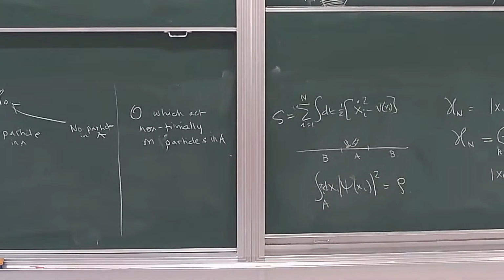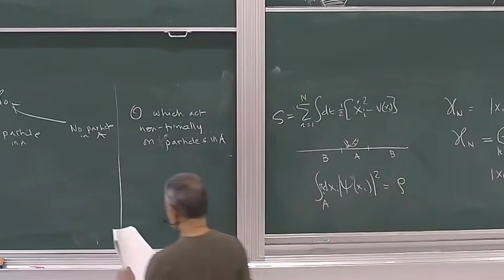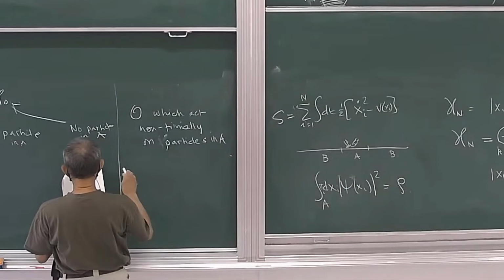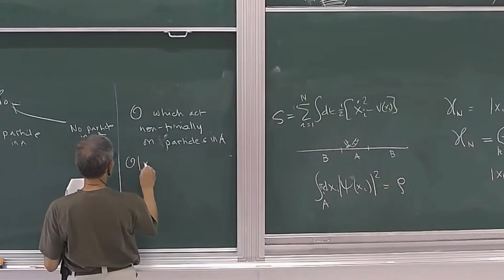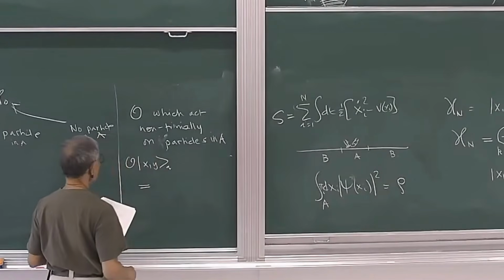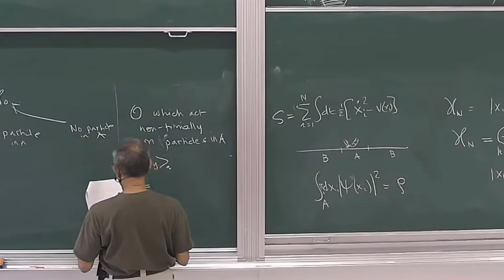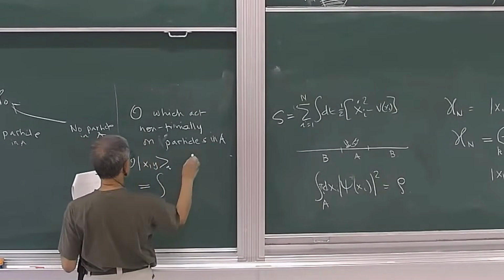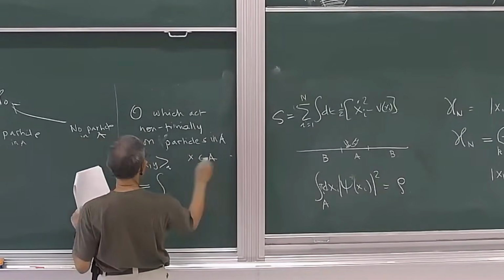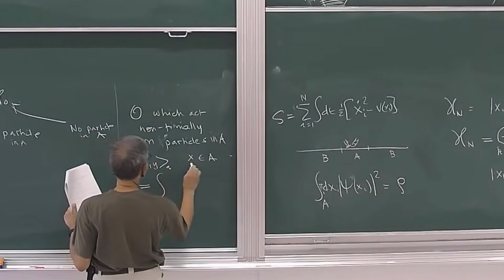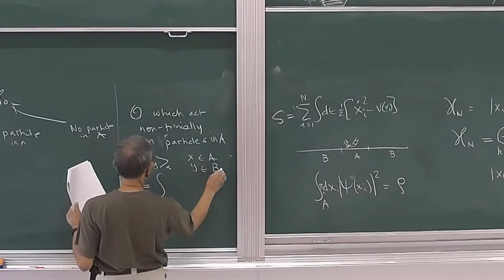Okay. Or in other words, such an operator will have the property, in this example of 2 particles, that if I take this operator and write it like this, where X lies in A, this is the example of one of the particles lying in A and the other particle lying in B. Right.